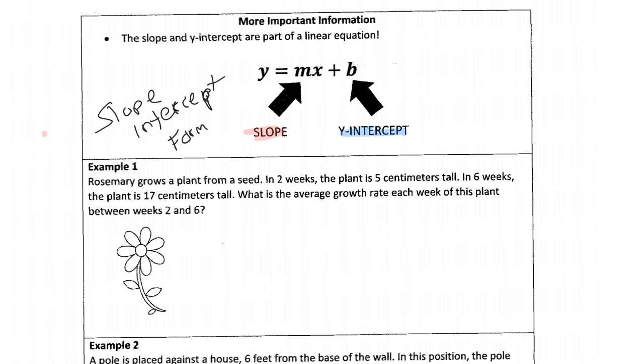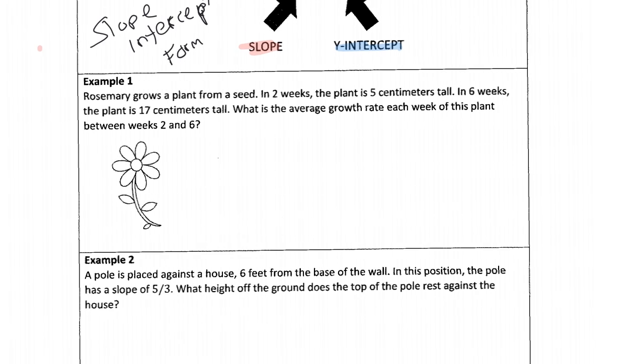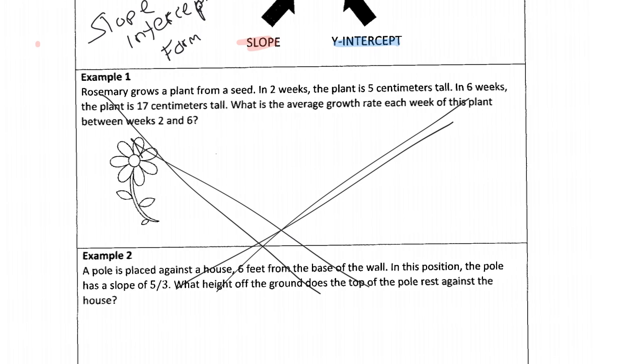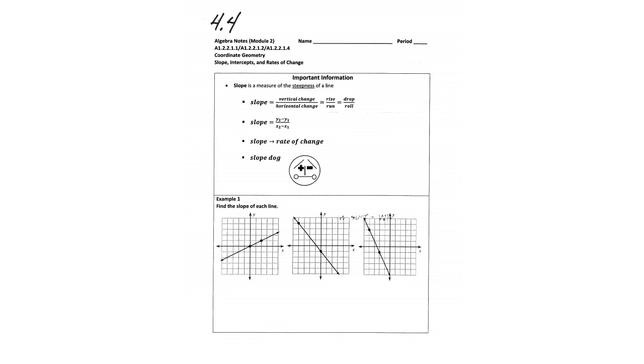This information helps us build an equation. Looking at these bottom two, we're not going to do these because they aren't really relevant, so don't worry about those. Go to the next page.